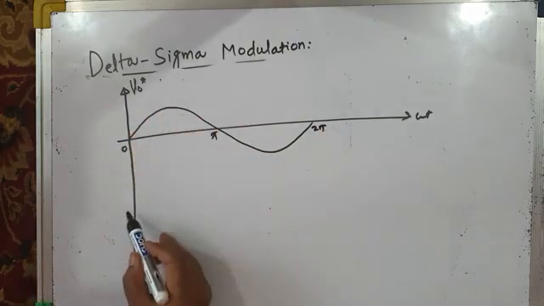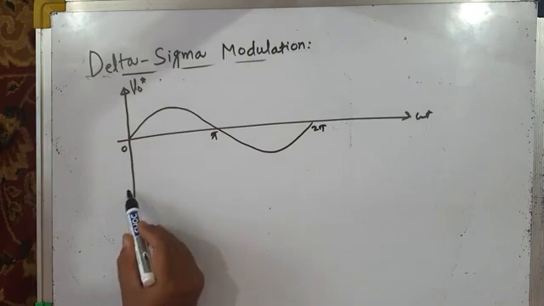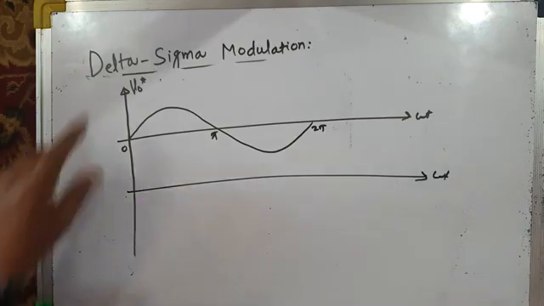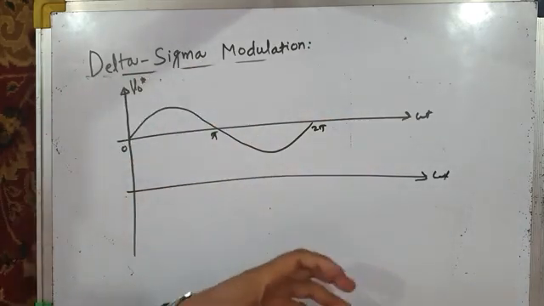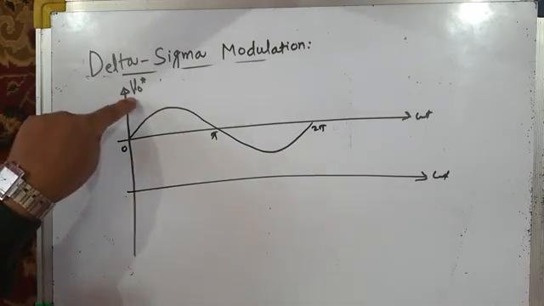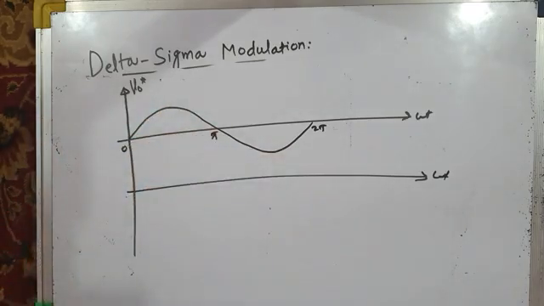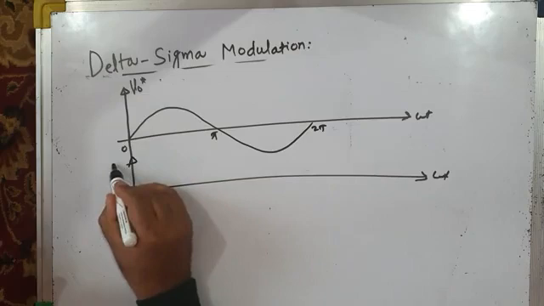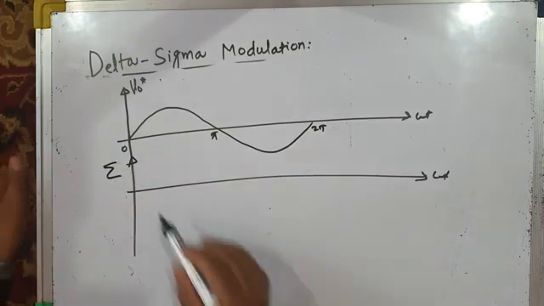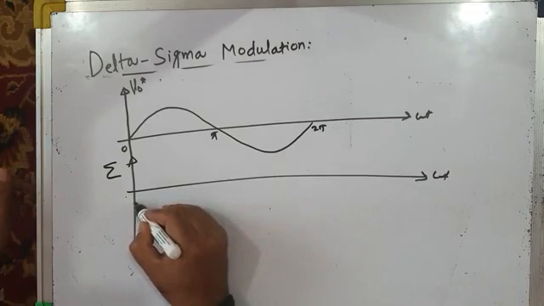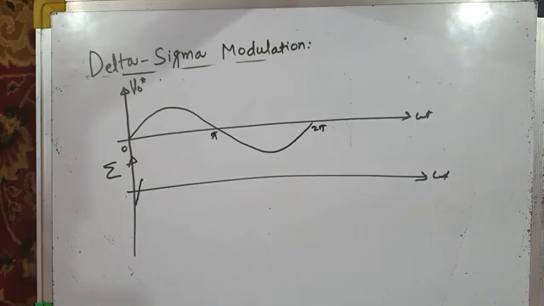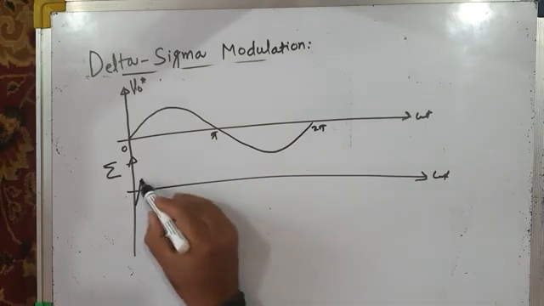Your DeltaSigma modulator controller will sense the load voltage. It will compare that load voltage with the reference load voltage at all instants, and the error delta will be integrated. The integration of the error gives nothing but sigma, and that sigma may vary like this, within plus S and minus S. Let me show you in a better way. So it may vary like this.